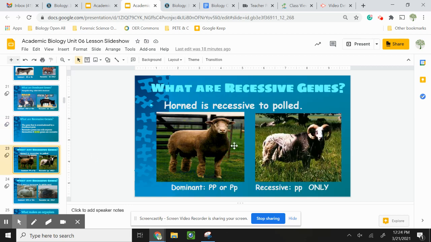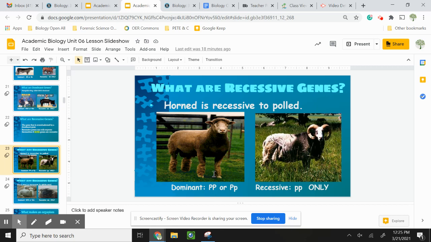Here are some more agricultural terms that I've never heard of before I started teaching this unit. You can have horns if you are a sheep, and that is recessive. Having the horns is recessive to being polled. No horns. Never heard those words before. I just learned them when I started teaching this, which has been a while now, actually.